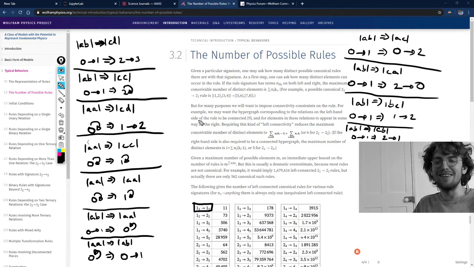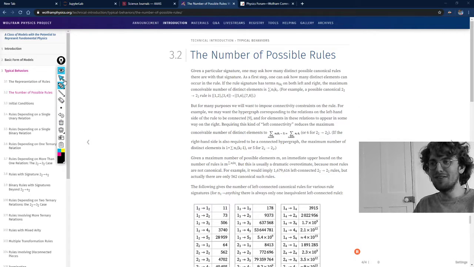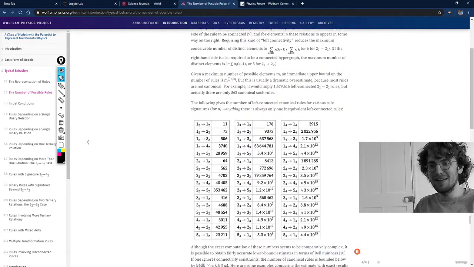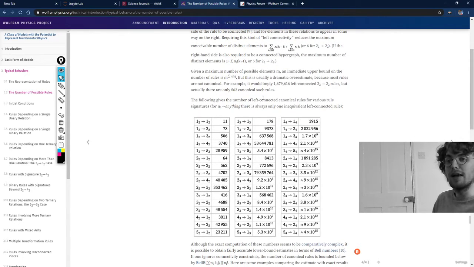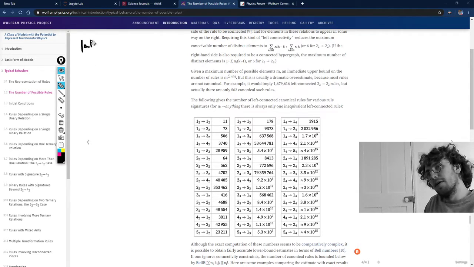Let's not do any others. No, let's think about it. We're not going to do any others in that detail, but can we work out why 2 to 2 to 1 to 2 is 64? So 2 to two twos is A, B, C, D. Can I try and draw that neater?